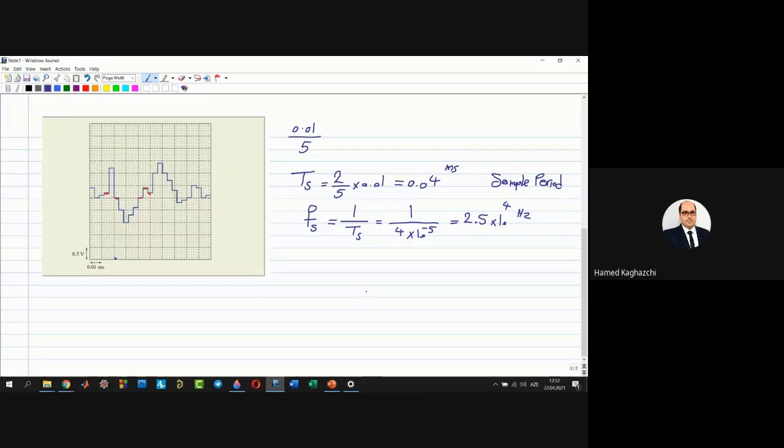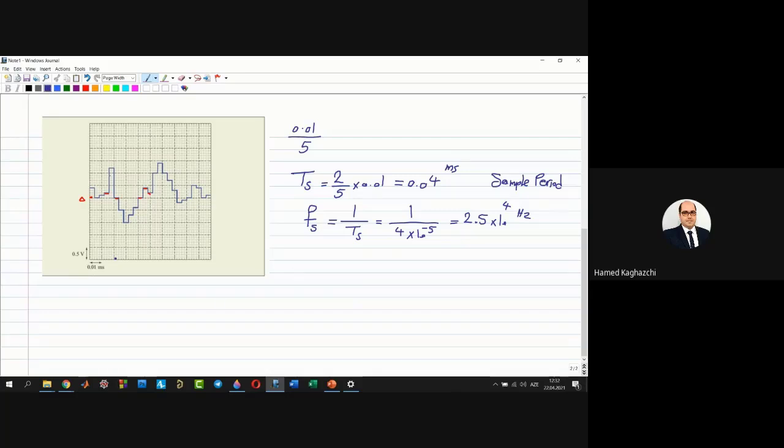Now, the next step is finding the quantized step size. I need to find this step size, delta. What is the value of delta?